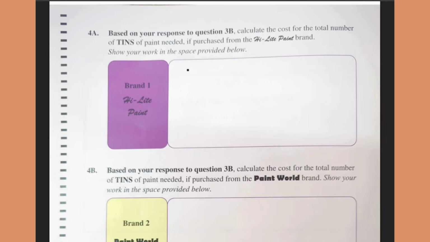So we need 12 tins of paint. This brand now is saying that 5,500 can give you 5 tins of paint, and you'll get one free. And if we buy another set of 5, then we'll get another free.